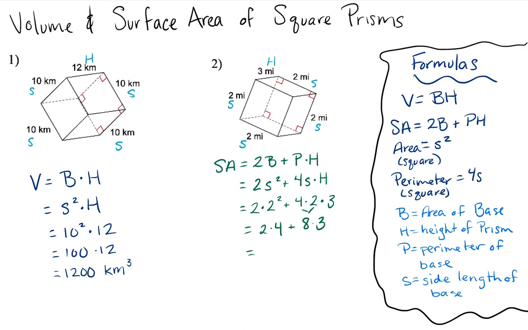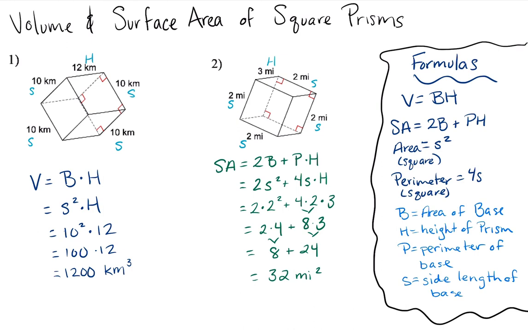And then 2 times 4 is going to be 8. 8 times 3 is going to be 24. 8 plus 24 is going to be 32 miles squared.